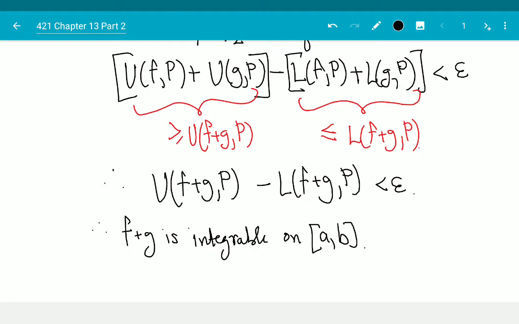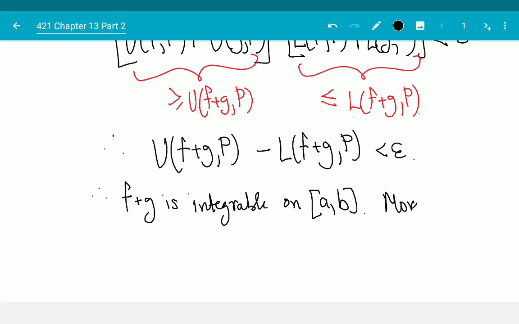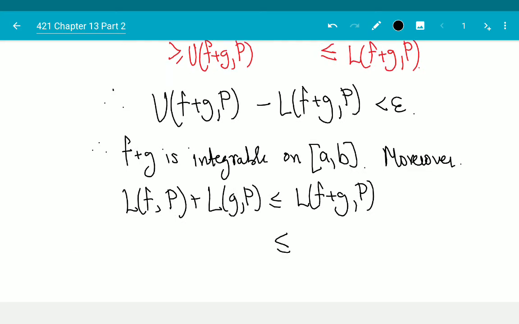Okay. Moreover, because L(f,P) plus L(g,P) is smaller than or equal to L(f+g,P), and because my function is integrable, I know that this is smaller than or equal to the integral a to b of f plus g, right?